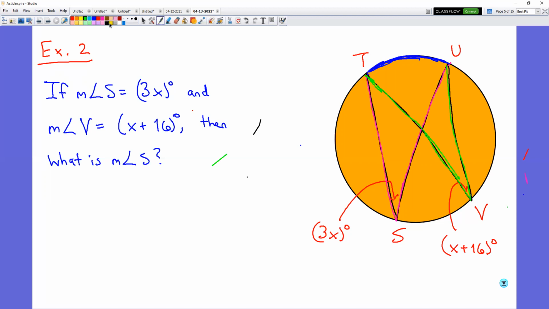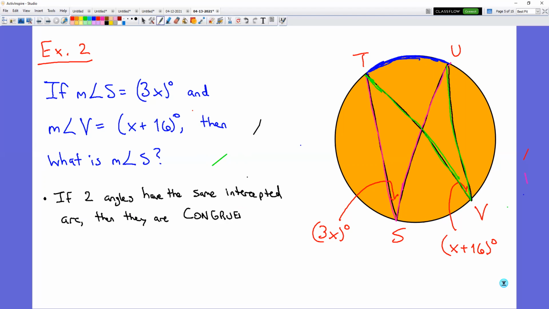So let me make a note of that, and I'd like for you to make that note as well. If 2 angles have the same intercepted arc, then they are congruent.